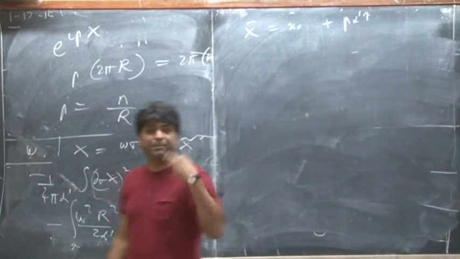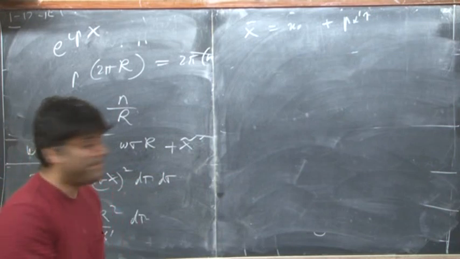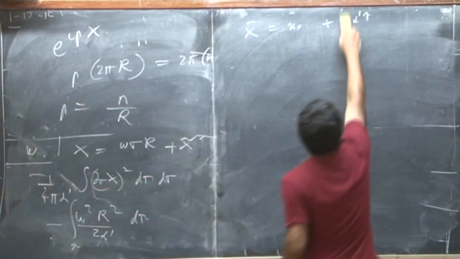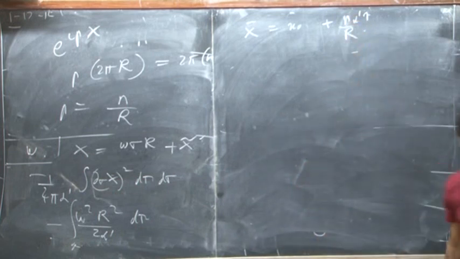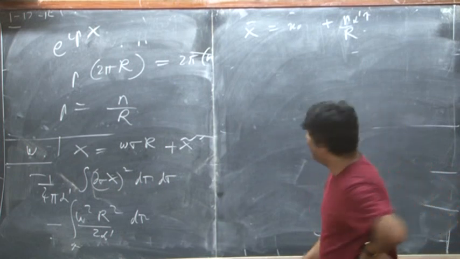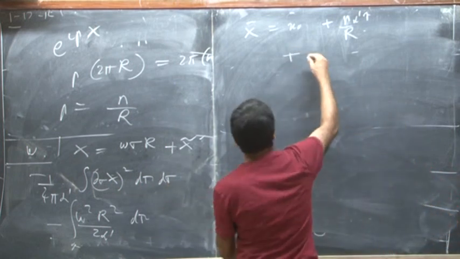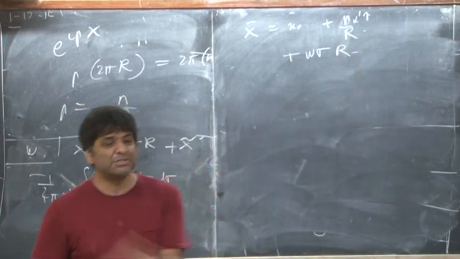And you recall that this p was quantized in units of n by r. But in addition, we have plus W sigma r and plus oscillators.